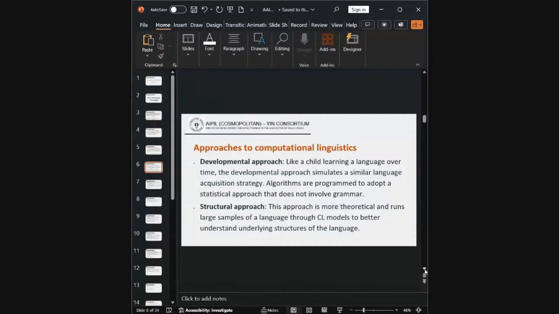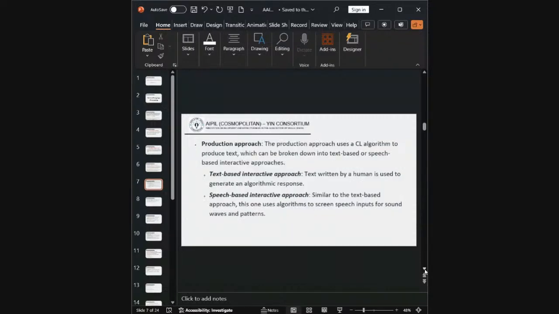And so, after we have a structure in place, next we have the production approach. I like this one particularly because it's text-based and speech-based. So when you are producing, you are not only looking at the written one, you are looking at the vocal aspect of language. It says the production approach uses the computational language algorithm to produce text, and it can be broken down into these two that we just discussed.